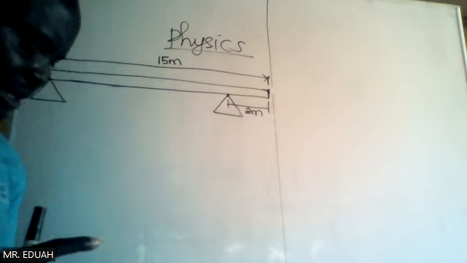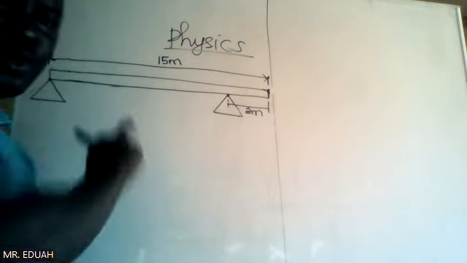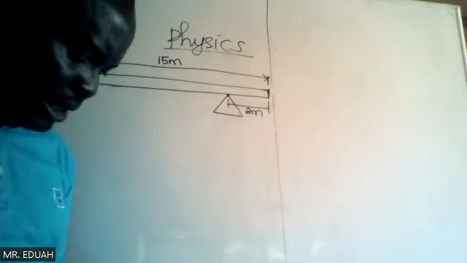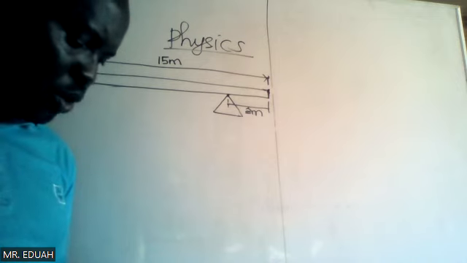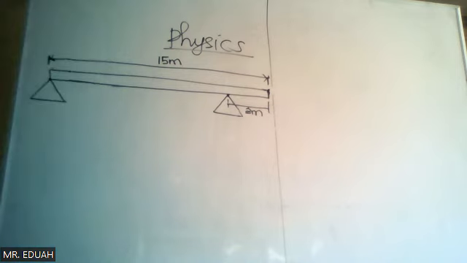The beam carries the following point loads. This beam supported at both ends carries 120 Newton, 2 meters from the left.